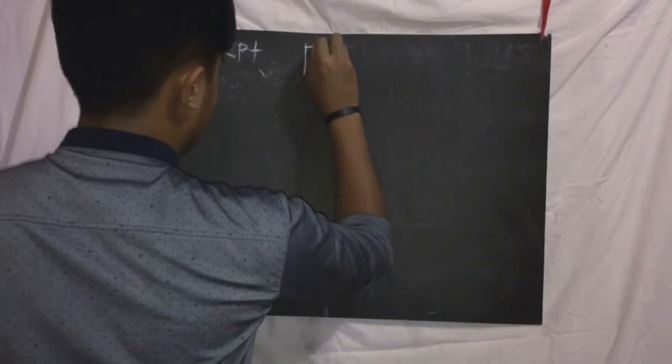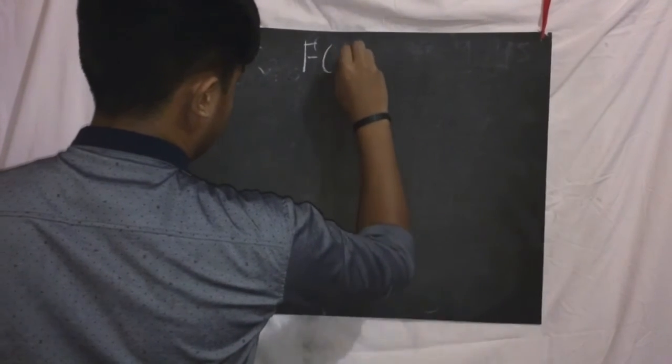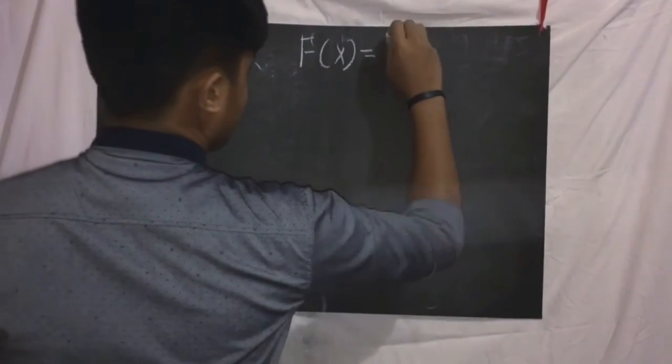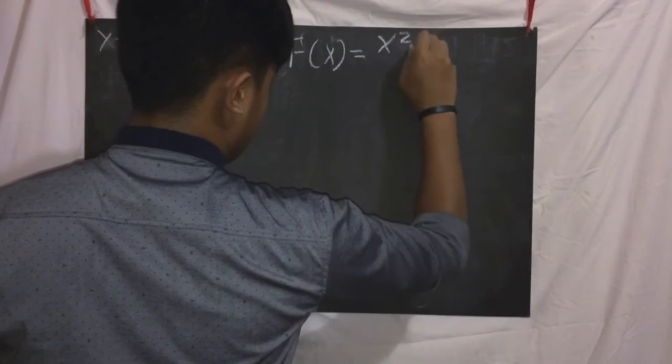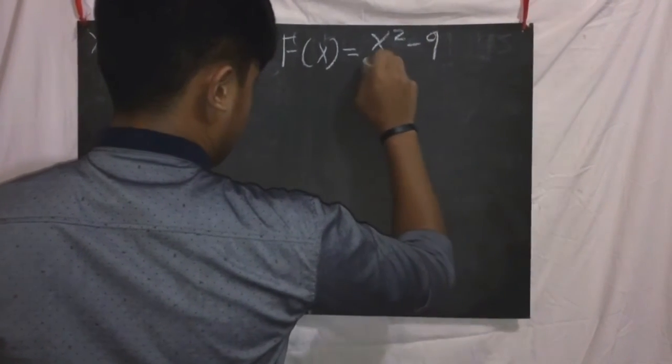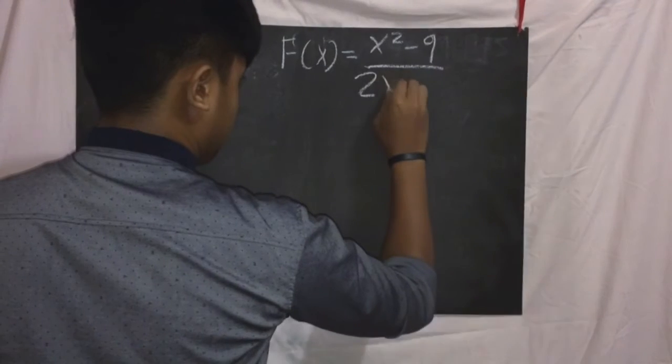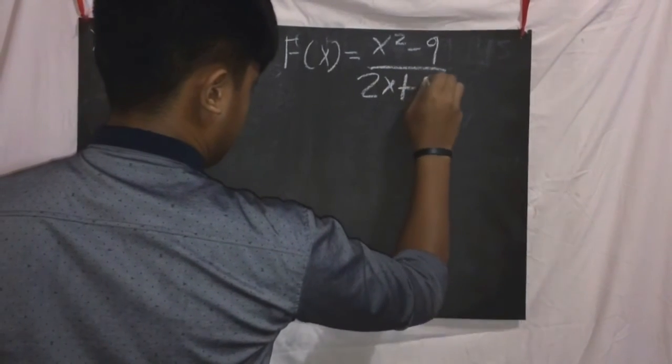So the example is f of x equals x squared minus 9 over 2x plus 5.